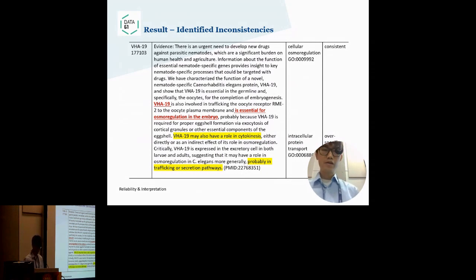However, if we read the highlighted yellow text at the bottom, on the contrary, it provides speculative information. Although cytokinesis or cell division does involve protein movements, by reading this literature, we can find this function has not been confirmed by direct evidence findings. So the second annotation is flagged as an inconsistency by the system.